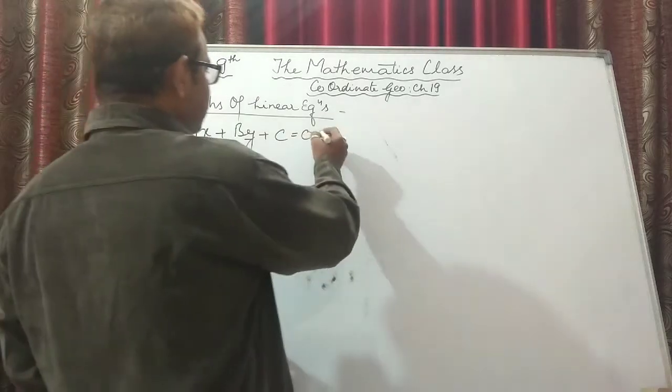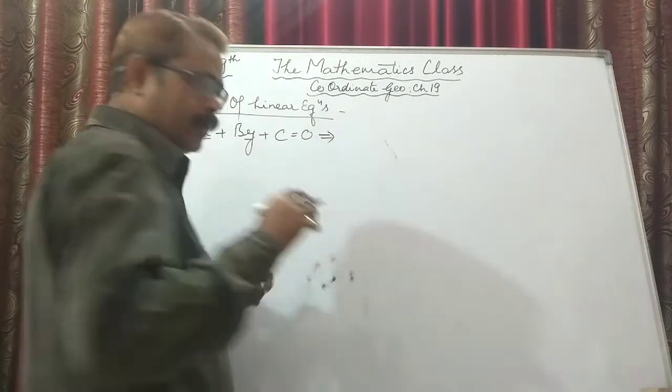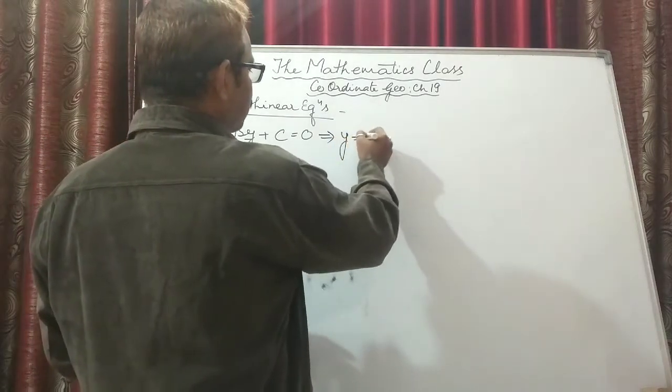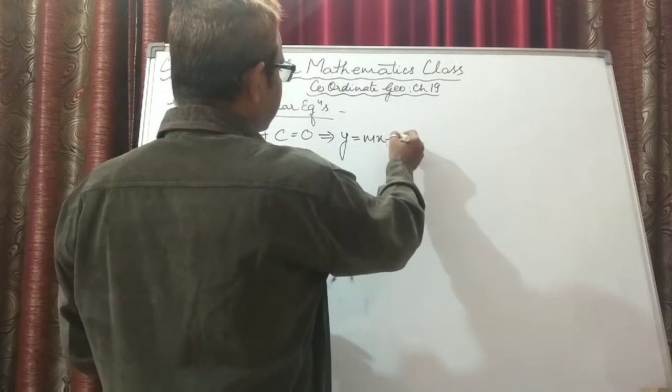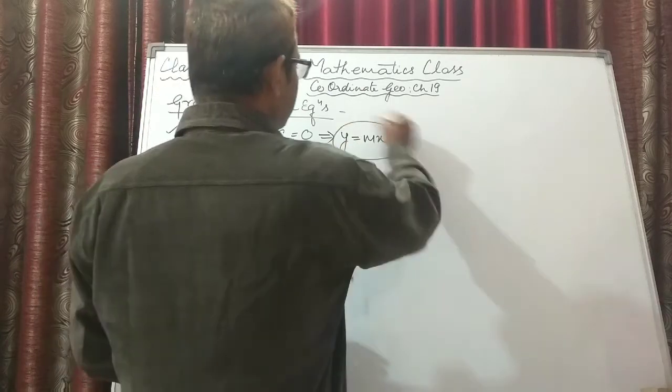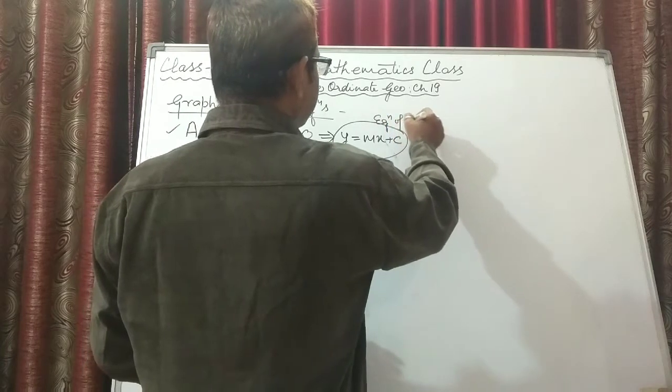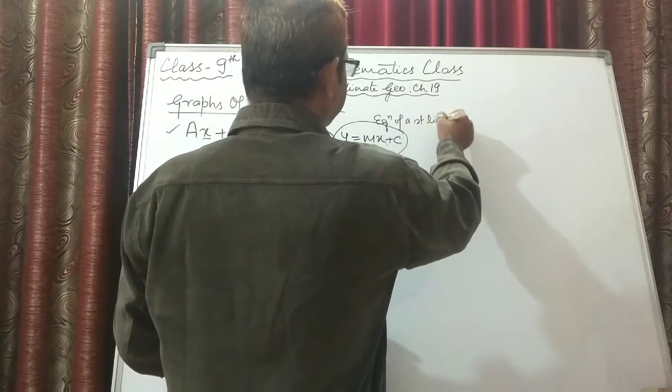Why? Because this equation can be converted into the form y is equal to mx plus c, and y is equal to mx plus c is the equation of a straight line.